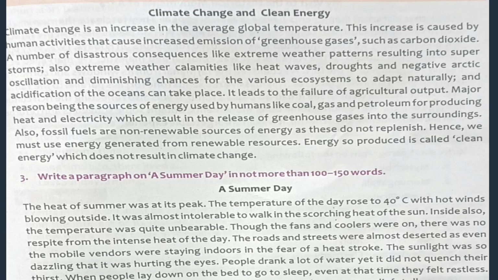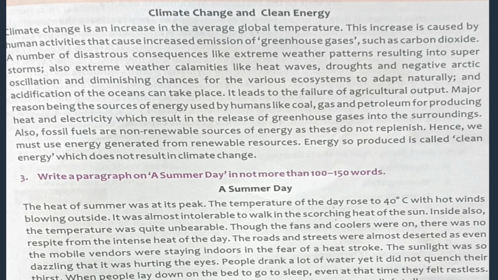It leads to the failure of agricultural output, the major reason being the sources of energy used by humans like coal, gas and petroleum for producing heat and electricity, which result in the release of greenhouse gases into the surroundings. Also, fossil fuels are non-renewable sources of energy, and these do not replenish. Hence, we must use energy generated from renewable resources. Energy so produced is called clean energy, which does not result in climate change.